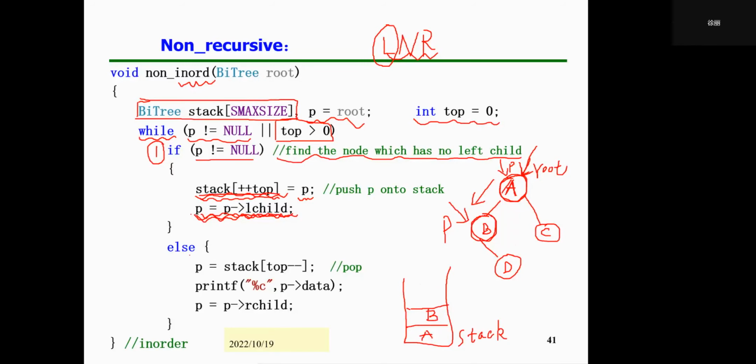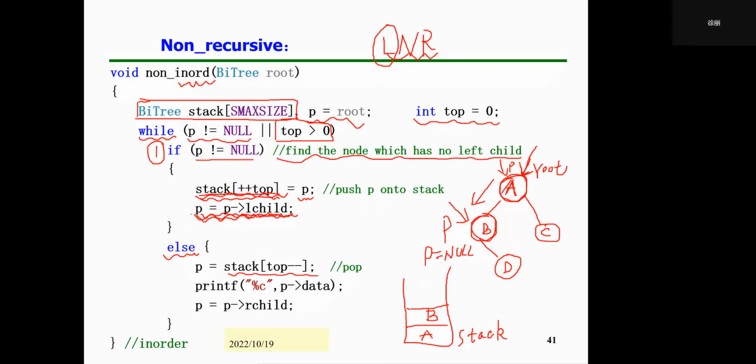So we can write else: if P is null, because the left child of B is null, P will be null. So else, P will be B, because we want to visit B. So we pop from the stack, top minus minus.